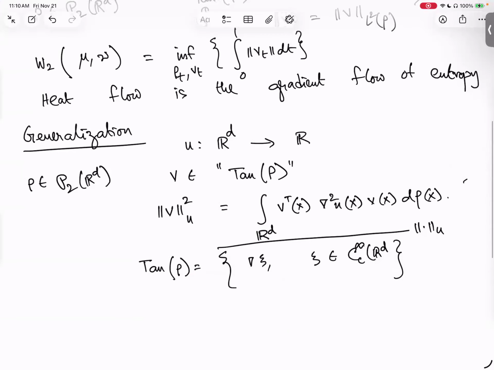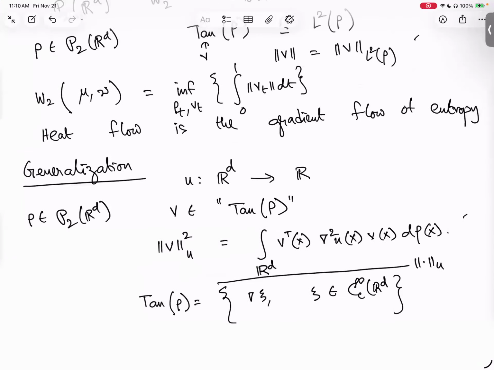Do you see what's happening here? I'm changing my L2 space by having this new kind of inner product using the Hessian of a convex function, and I'm looking into a new kind of tangent space. Now I can also define a new metric out of this by simply using the same idea, and I'll get a new Benamou-Brenier formula out of this. There is something to say about the metric, but that's not particularly important here.